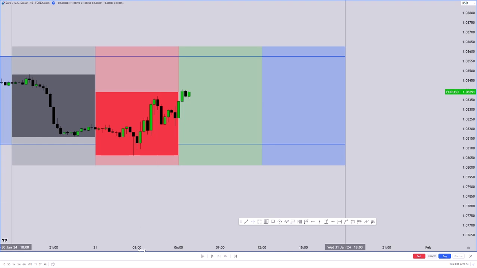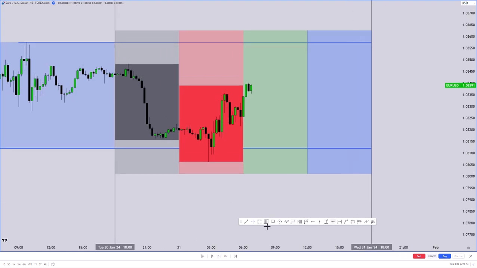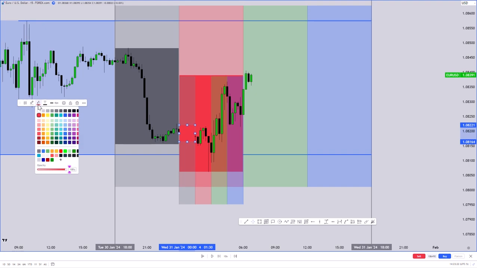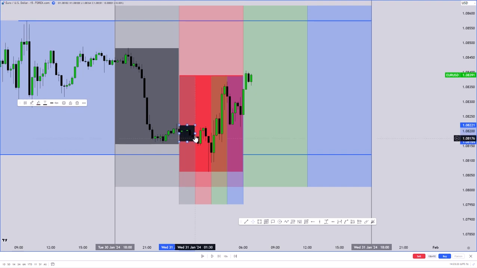This is London's Q1. This then becomes the manipulation range sweeping the Asia low, right? And the accumulation low, right? So if you can reduce the opacity of this so that it's clear. This is how it looks, right? This is how it looks.